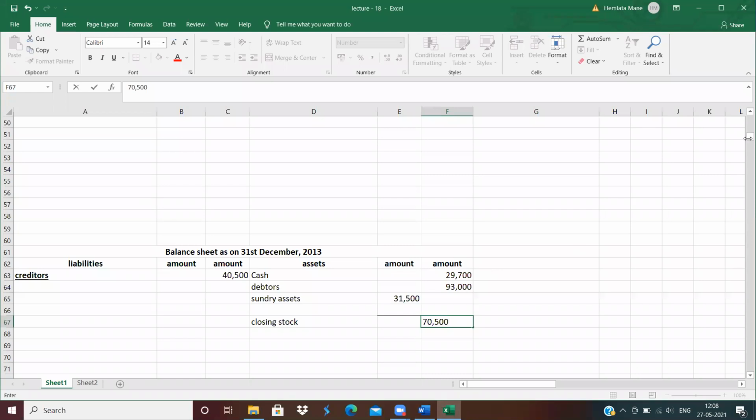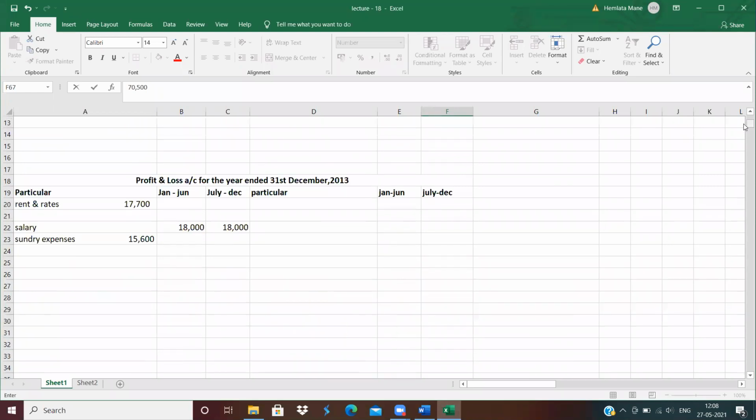Less prepaid 700. So 70,700 minus 700 means 70,000. So distribute this 70,000 between these two columns.